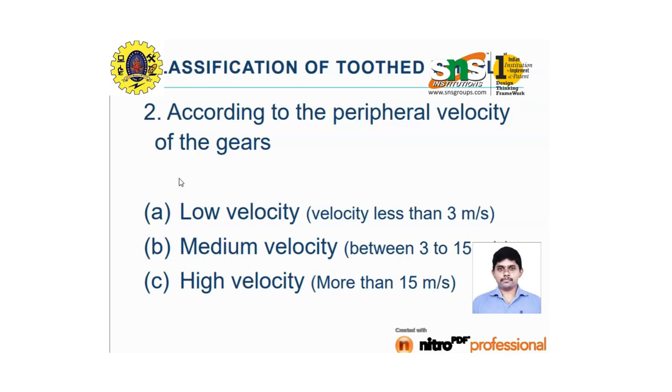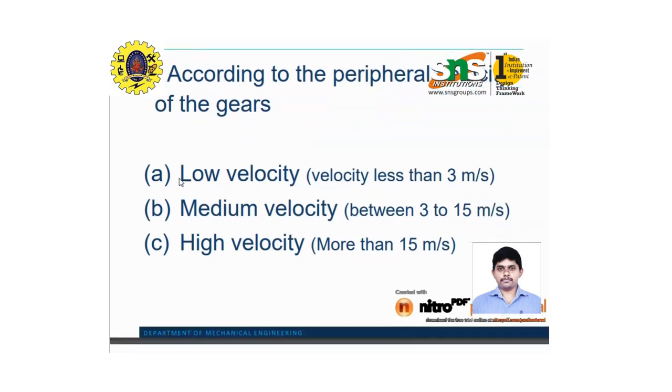Low velocity is less than 3 meters per second, medium velocity is 3 to 15 meters per second, and high velocity is more than 15 meters per second. So based upon the peripheral velocity of the gears, the gear is used for the appropriate applications.